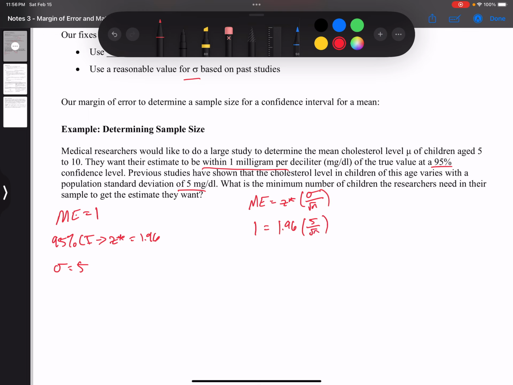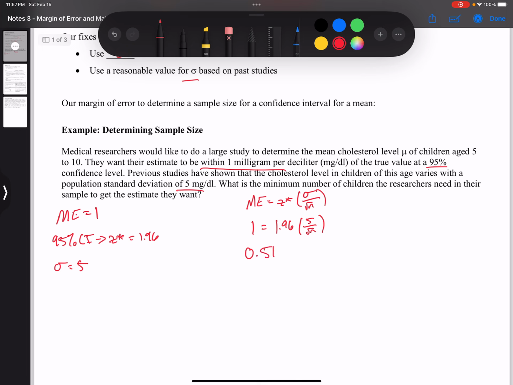So this is a little bit of an algebra problem to solve for n. If we divide both sides by 1.96, we get 5 over 1.96 is equal to 5 divided by the square root of n, which means a little bit more algebra later. We get square root of n is equal to 9.8. Square both sides, and we get n is equal to 96.04.